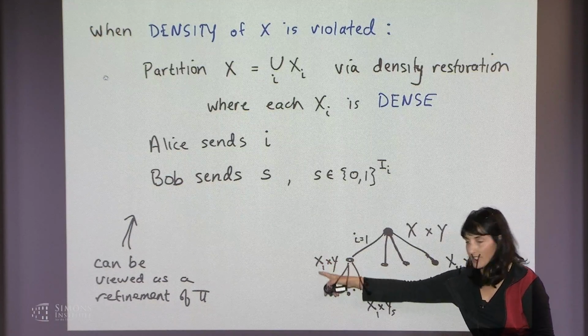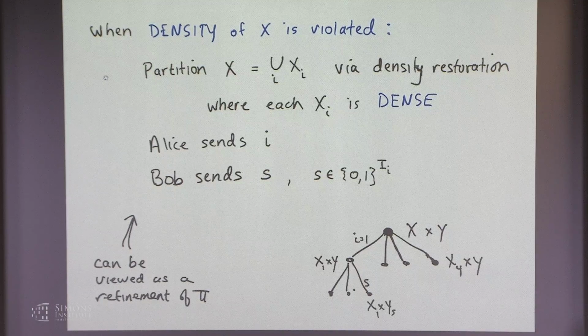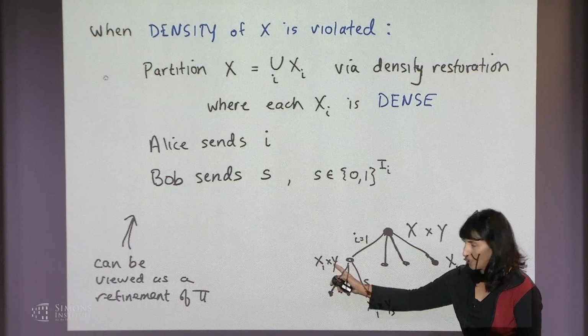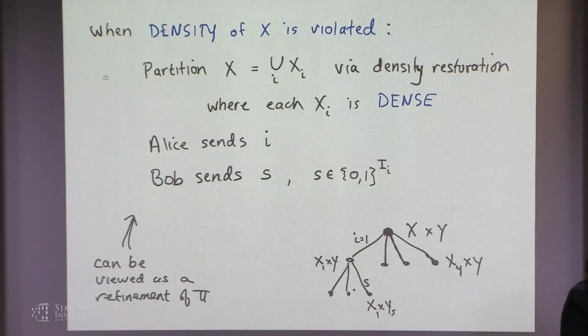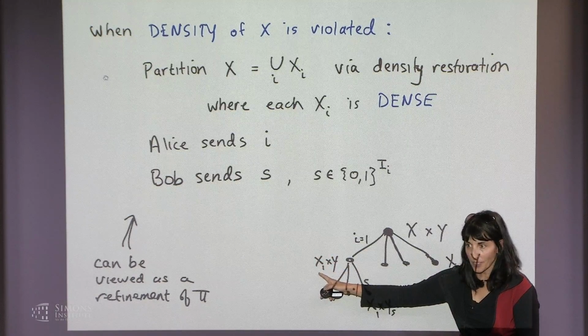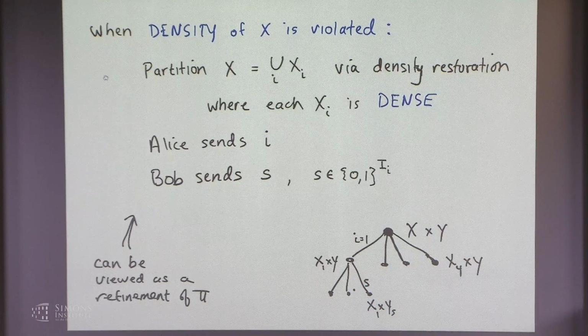So remember, x1 fixes that coordinate. So now Bob's going to apply g to his input on this fixed value for that coordinate, and that's going to partition y up into 2 pieces where g is 0 and where g is 1. And if x1 fixes like 10 coordinates, then Bob's going to have to send 10 bits. Sorry, so now you're extracting a decision tree, right?